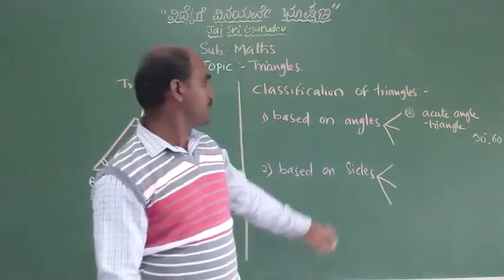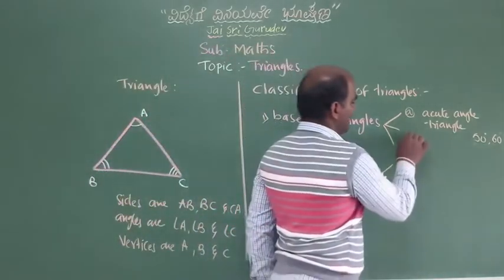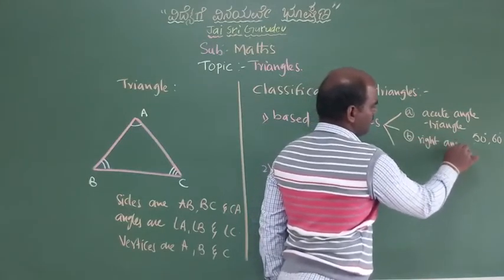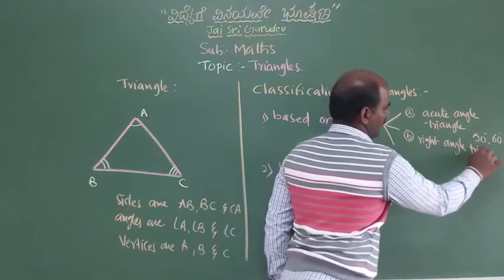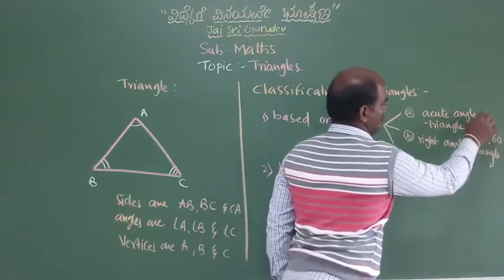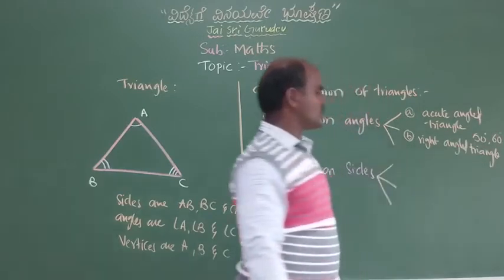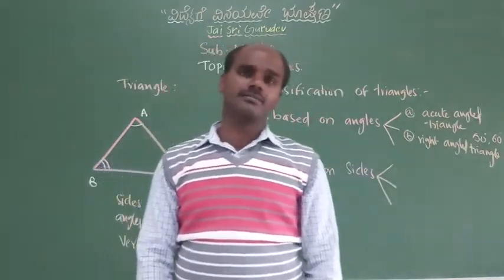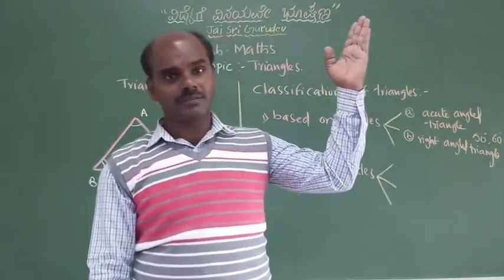So the second one is the right angle triangle. What is a right angle, children? Exactly 90 degrees, no children.